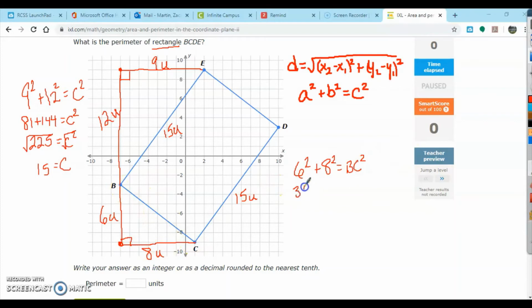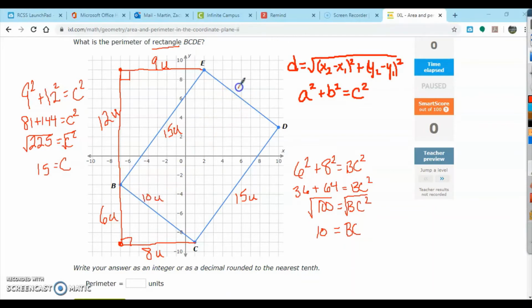So that's 36 plus 64. Oh, it looks like we've got another Pythagorean triple going on here. That's 100 equals BC squared. Take the square roots of both sides. So BC equals 10. So that's 10 units here.